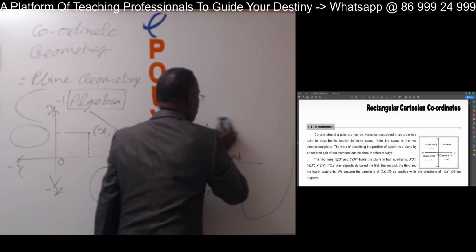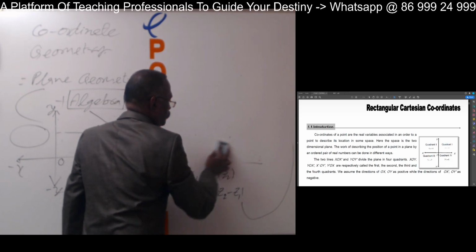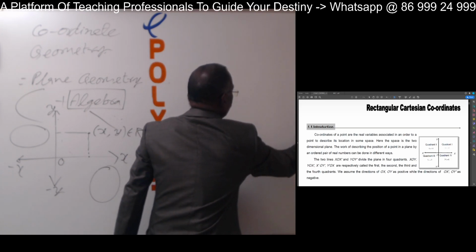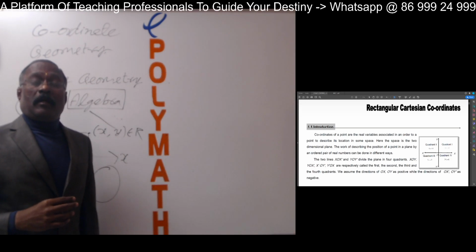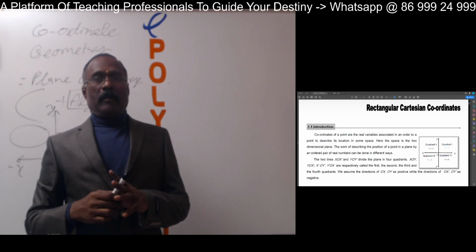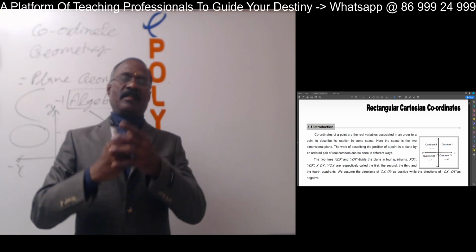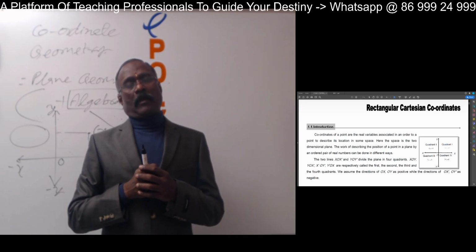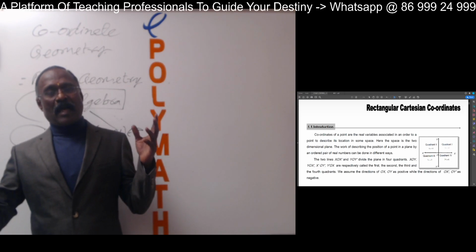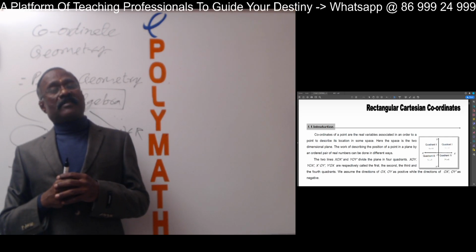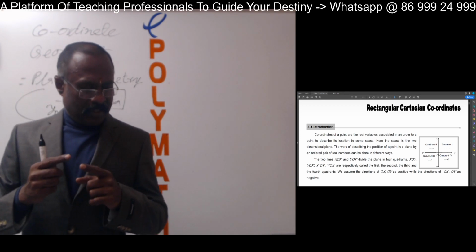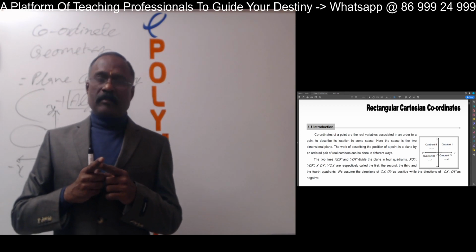See, the distance formula you can use to decide the type of the triangle, to decide the type of the quadrilateral, and to find out the circumcenter also. If you know the circumcenter, then it will be okay. Otherwise, I'll be taking a circumcenter class separately.